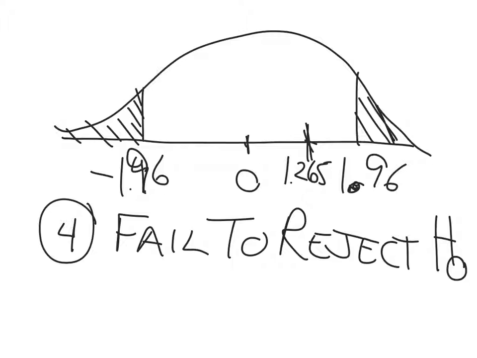So the mean is not significantly different from 12.5. Okay? Significantly different. Because your first inclination is to look at this and say, well, the sample mean was 12.7. I'm comparing that to 12.5. They're not the same. But they are not significantly different from each other. There's a difference. Okay? Great.